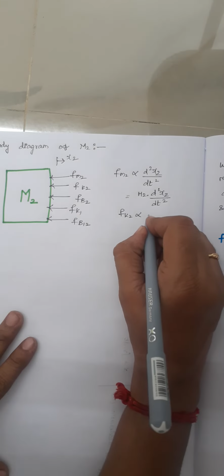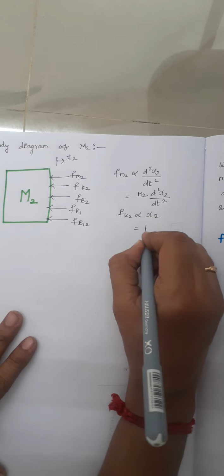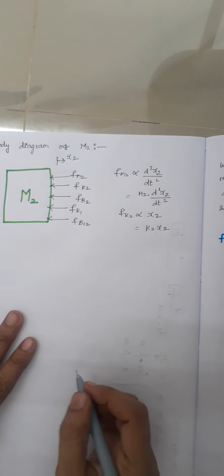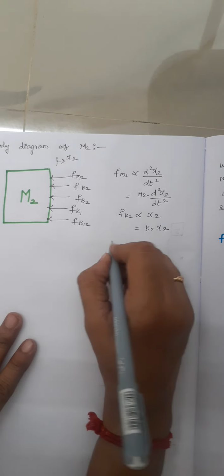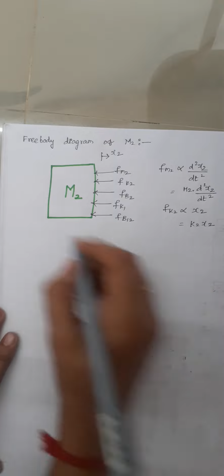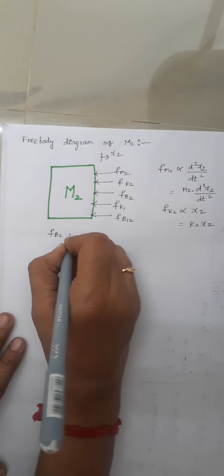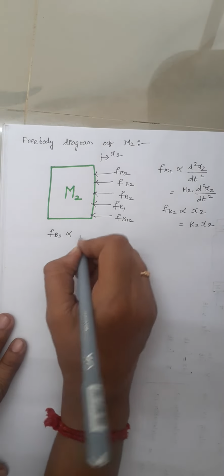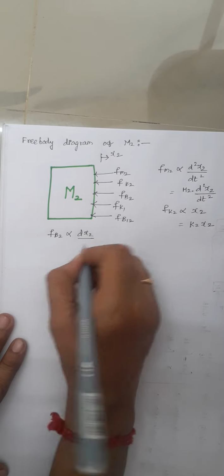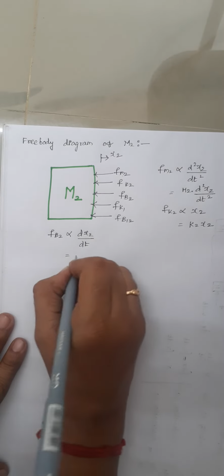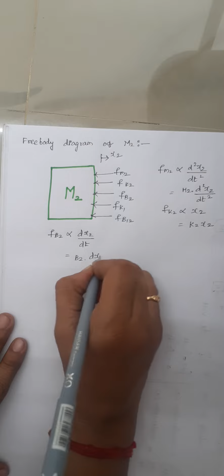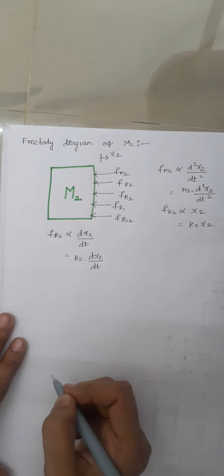So we can write Fk2 is directly proportional to x2. So when you include proportionality constant, that becomes K2 into x2. And the next one is Fb2. Here again this b2 is connected only with mass m2. So this is b2 into dx2 by dt, right?